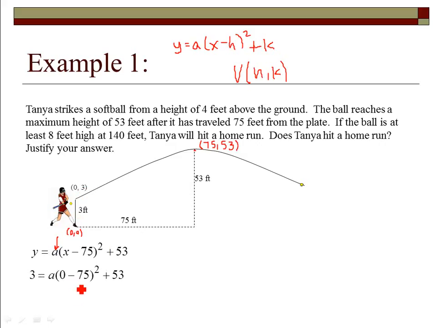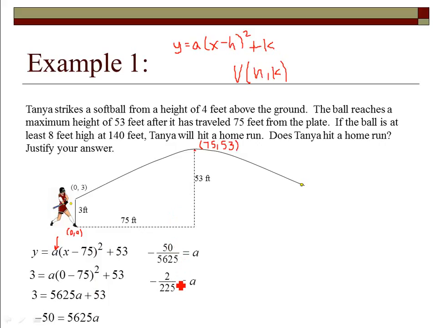We do negative 75 squared, which gives you 5625. So 5625a plus 53 is equal to 3. Subtract 53, divide by 5625. And if you reduce it, 5 will go into both of these. Actually, 25 will go into both of these.